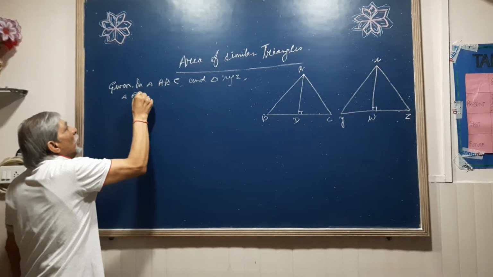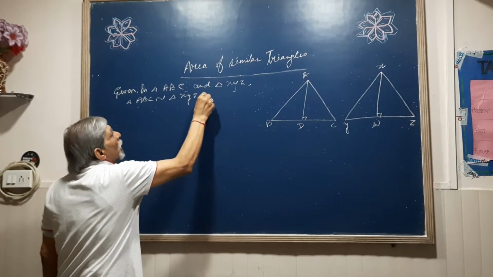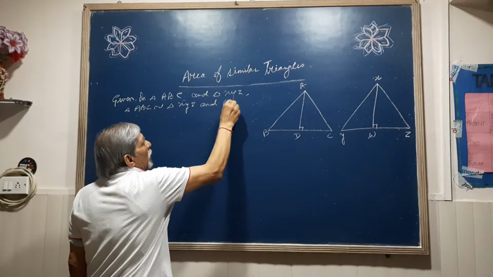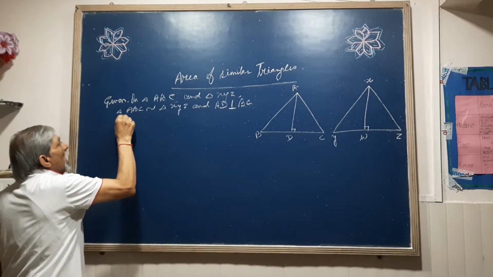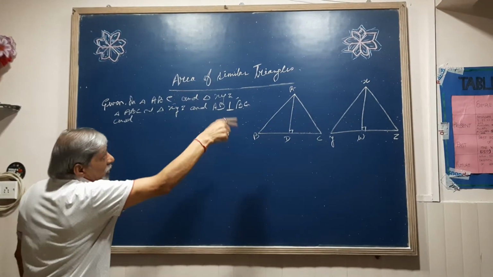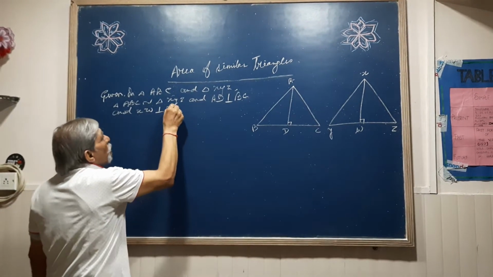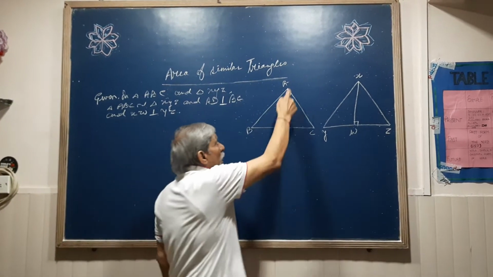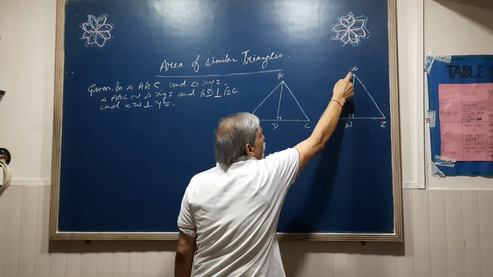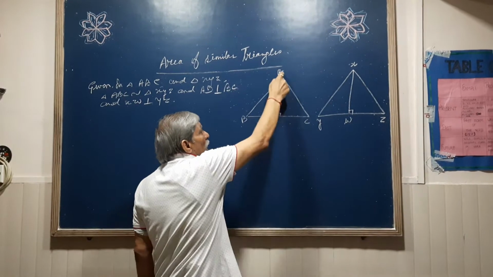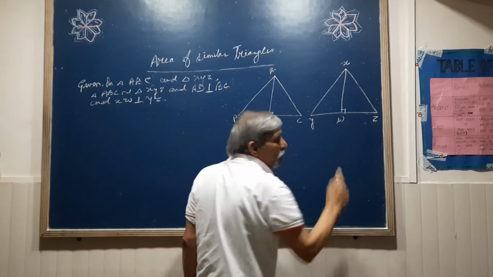Triangle ABC is similar to triangle XYZ, and AD is perpendicular to BC, and XW is perpendicular to YZ. In triangles ABC and XYZ, triangle ABC is similar to triangle XYZ, and AD is perpendicular to BC and XW is perpendicular to YZ.